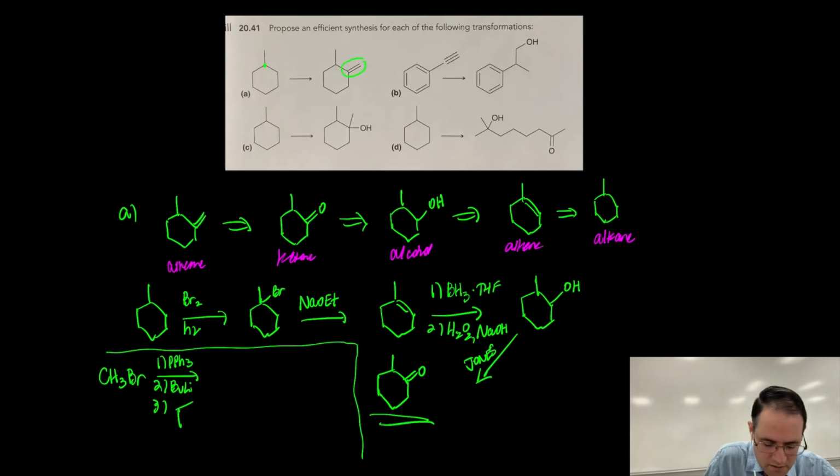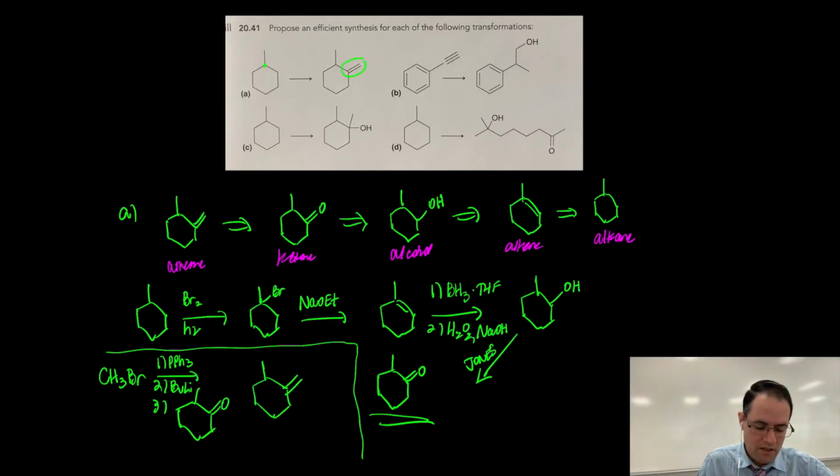You see, I can't just keep going with the arrows because I need to stop and say, okay, we're going to meet up and then converge here. So that's going to be this ketone, and that's going to give me the product here.